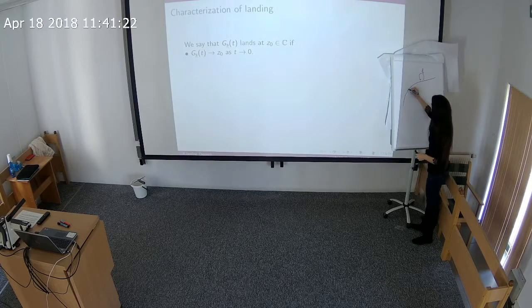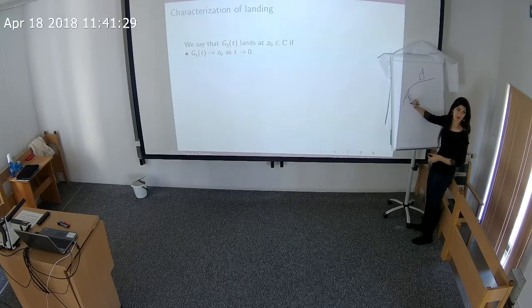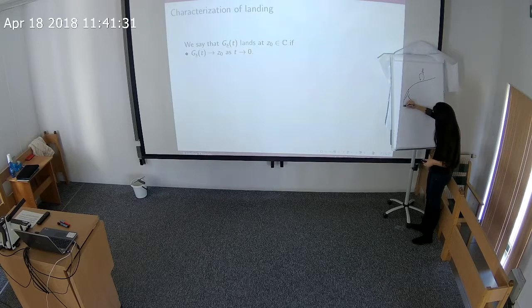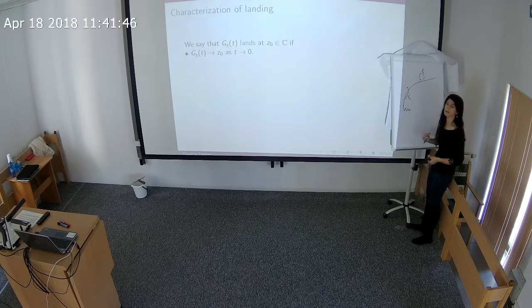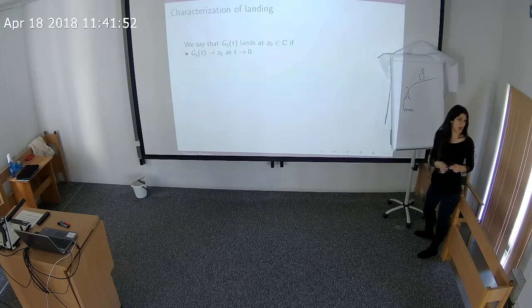You take a point here, and you start pulling back, okay? There is always exactly one branch which brings you back to the ray, and you look at how these inverse branches of this point behave, and you say that it lands if and only if the preimages along the correct branches of this point z converge to one single point, which I denoted by z naught. This is an equivalent characterization of landing when you have a periodic ray.